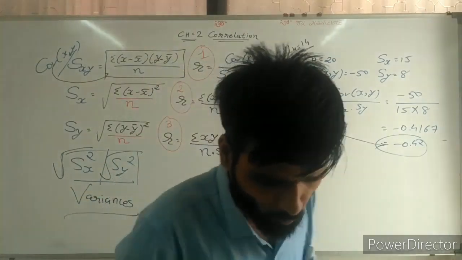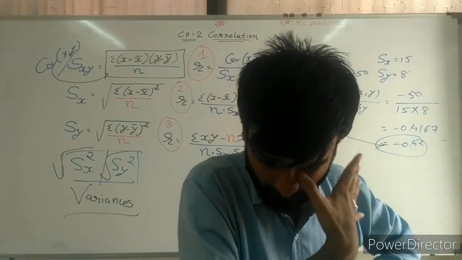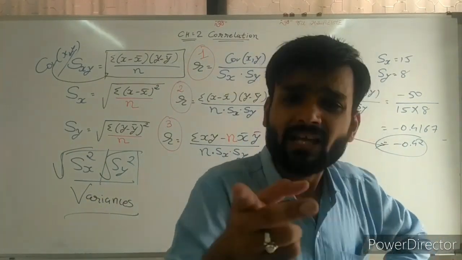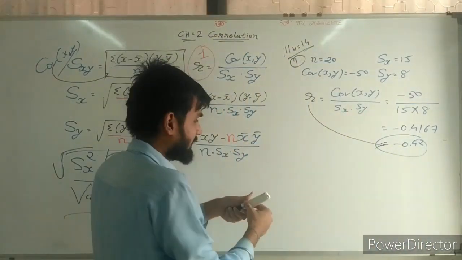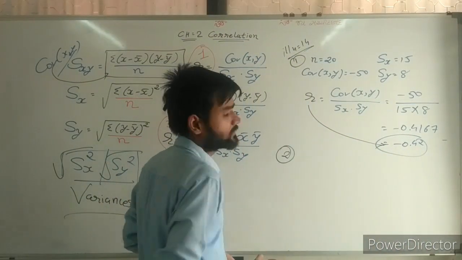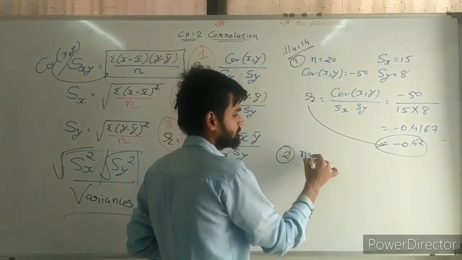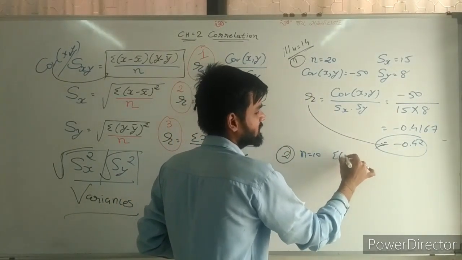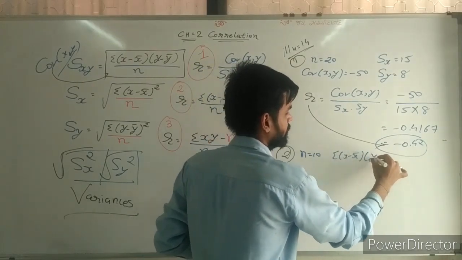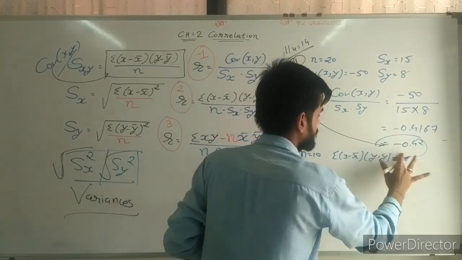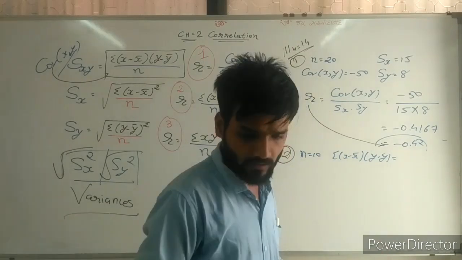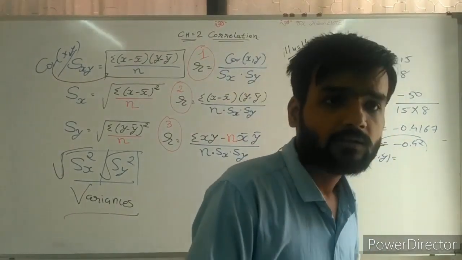Now we are taking one more sum. See, second sum. In the second sum, what is given, sir? N is equal to 10. Sigma of x minus x bar into y minus y bar is given, and that value is 60.